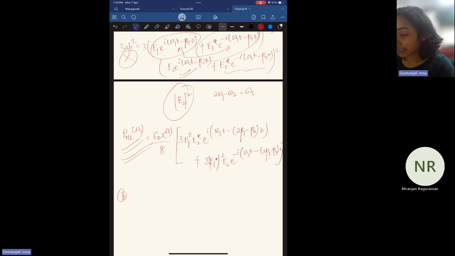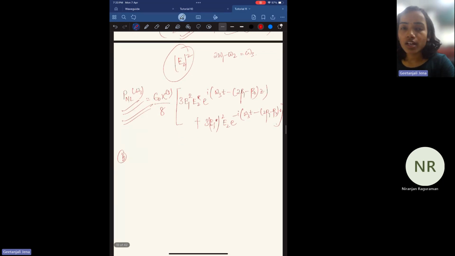To calculate it, you know the electric field expression, right? For omega 3, only the 3a square b part will have the term which is due to the omega 3. So just look for what is the value of omega and what is the value of k for this case. So omega for this situation is omega 3 and k is 2 beta 1 minus beta 2.